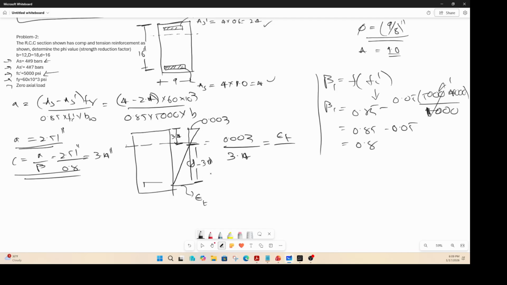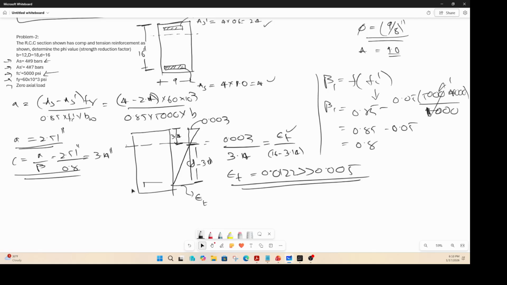So d is your 16 minus 3.14. You can calculate epsilon t. Epsilon t is 0.0122, which is way greater than 0.005. That means the tension steel is yielding.